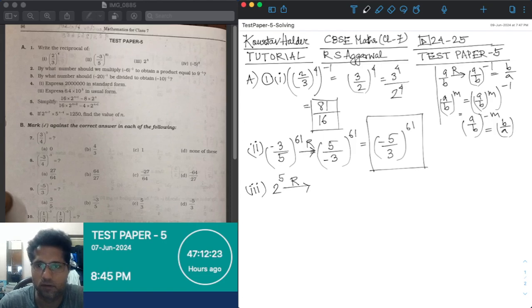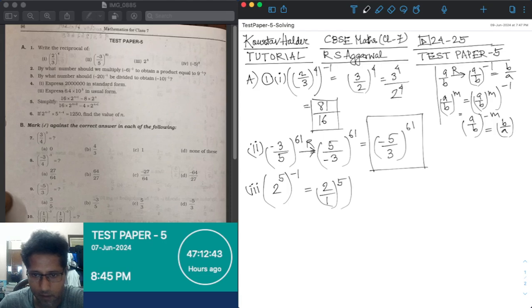Okay, so we have to find this. This is 2 by 1 to the power 5, whole to the power minus 1.